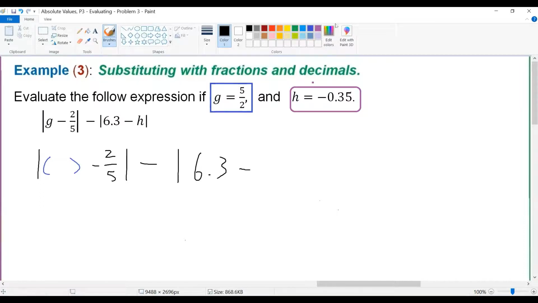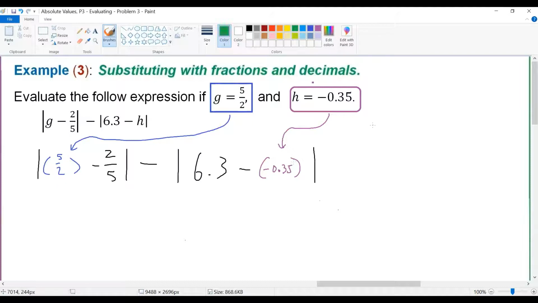So we have as follows. Inside the first parentheses, we're going to substitute in the value of g, 5 over 2. And in the second set of parentheses, we're going to substitute h for negative 0.35.